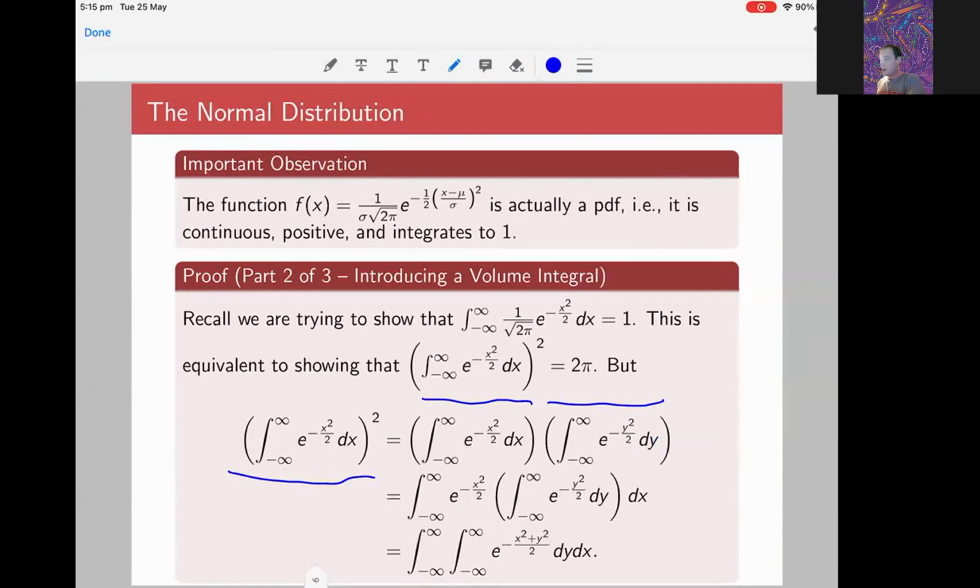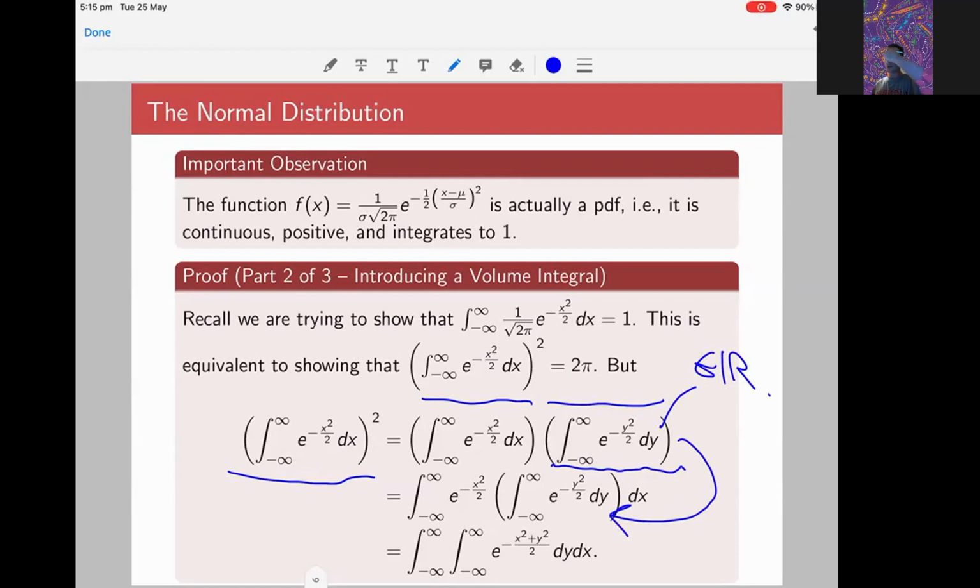Now, there are no parameters in here. The integral from minus infinity up to infinity of e to the minus y squared on 2 dy, this is just some real number. It's a constant. So that means I can actually put this constant inside the other integral.